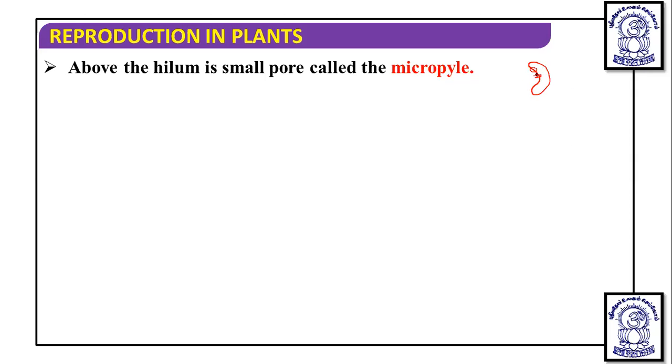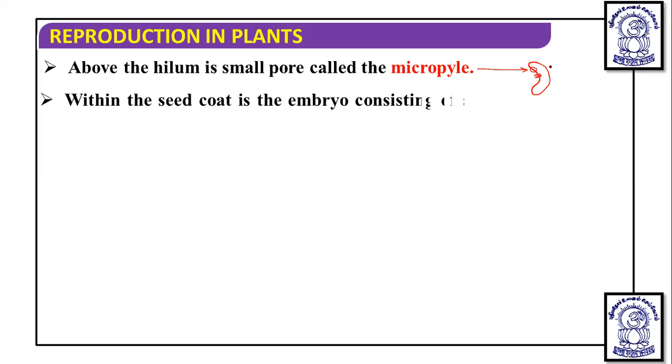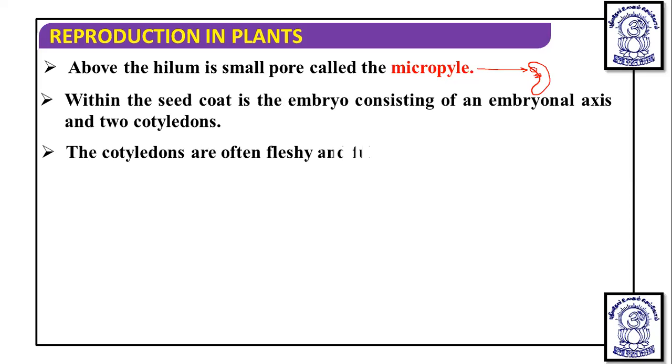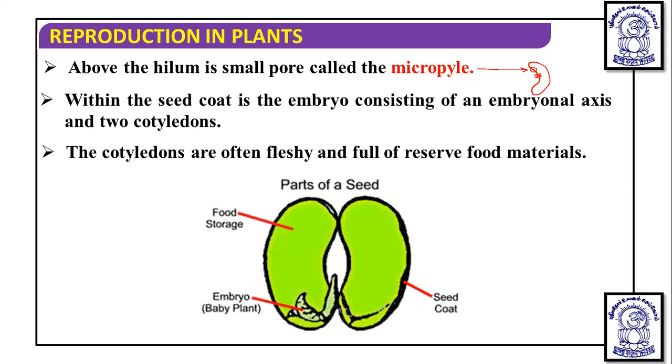This pore represents the micropyle, and it usually helps the seed in the exchange of gases and entry of water. Within the seed coat, the embryo consists of the embryonal axis and two cotyledons. You know that the cotyledons are often fleshy and full of reserve food. Yes, they have the ability to store food material.